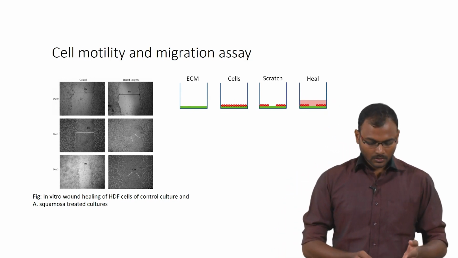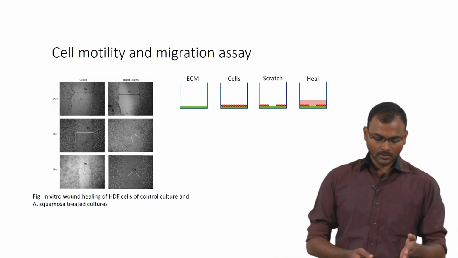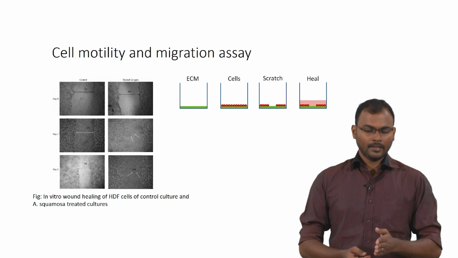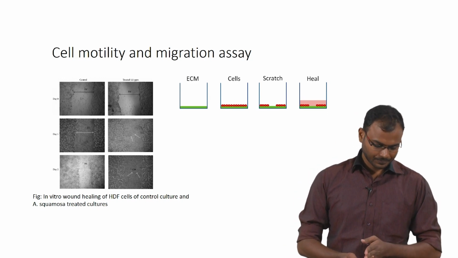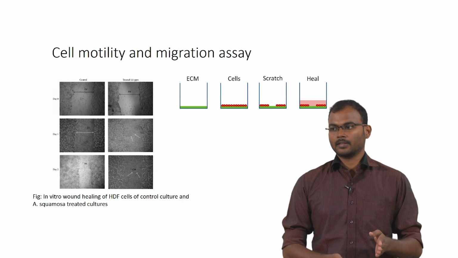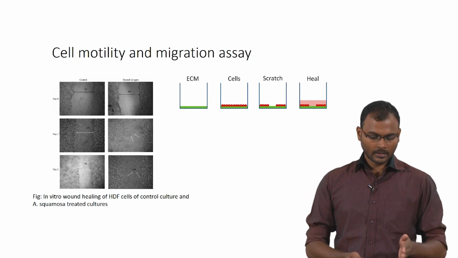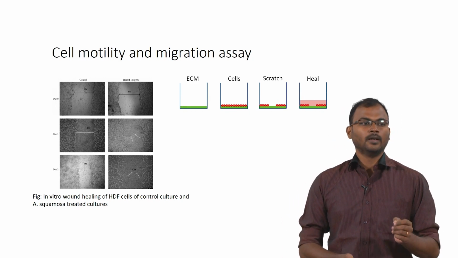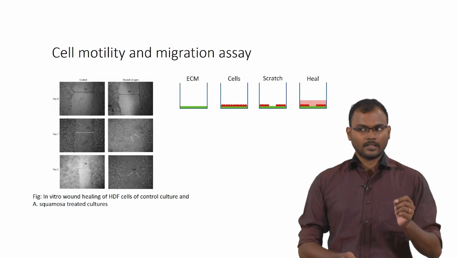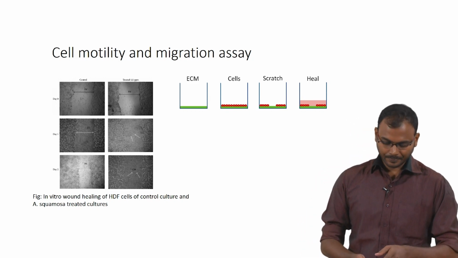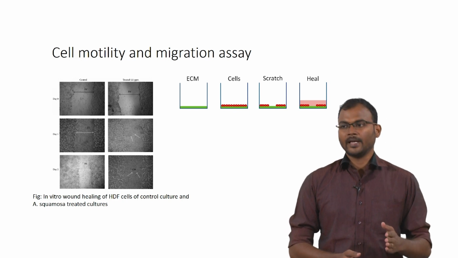and check how the wound is getting closed. As you can see in the figure, the left side one is control and the right side one is treated samples. They first grow cultures, then using a small tip or spatula they create the wound. On the left hand side there is no treatment at all.